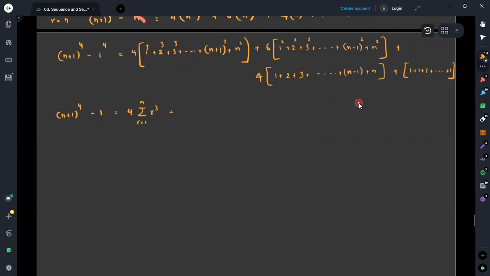Then plus 6 times summation of r squared, where r is going from 1 to n, plus 4 times summation of r, where r is going from 1 to n, and then the summation of 1, where we have n number of terms, so we can take it as equal to n.